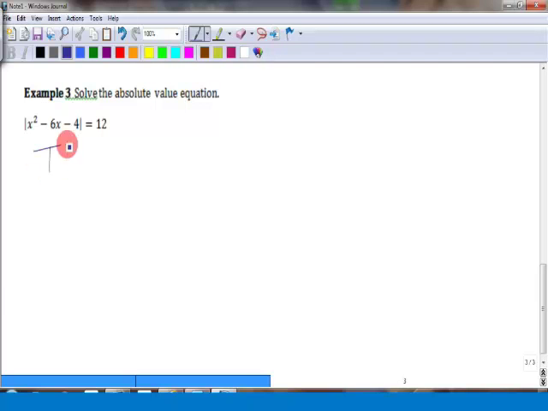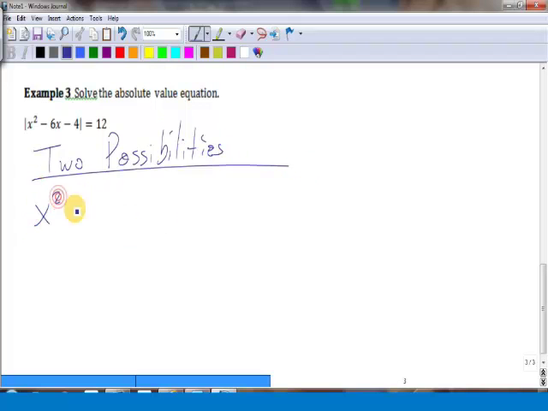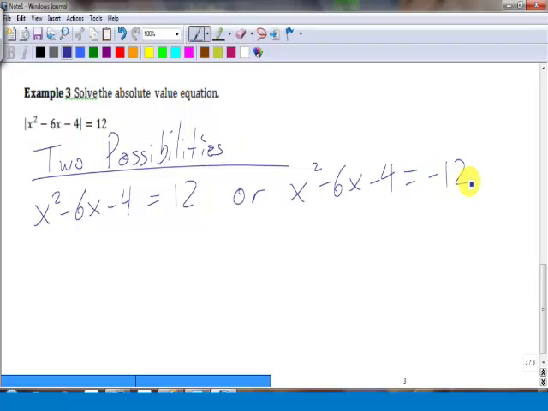So 2 possibilities. X squared minus 6x minus 4 could equal 12, or x squared minus 6x minus 4 could equal, what's the opposite of 12? Negative 12.